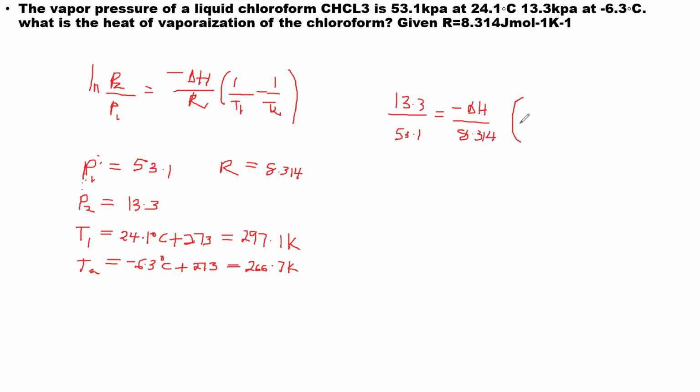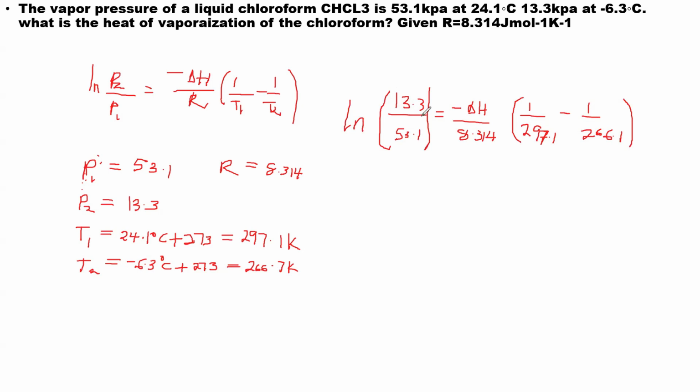And we now open brackets, 1 divided by our T1, which is 297.1, minus 1 all over 266.7. Then we close the brackets. And of course here we have ln outside the brackets.